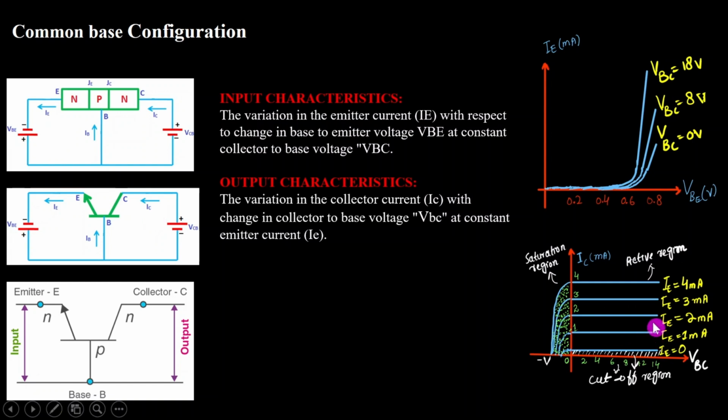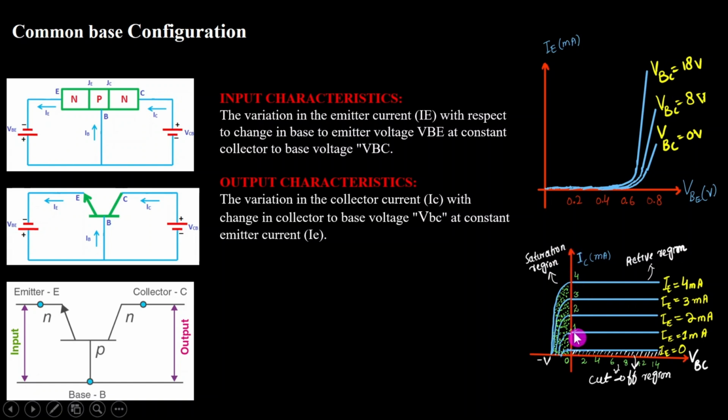If we take the IE as constant, as I have discussed, this IE is approximately equal to IC. Here this IC will be approximately equal to that IE. Here I consider this IE is 1 milliampere. That will be approximately equal to 1 milliampere as IC.